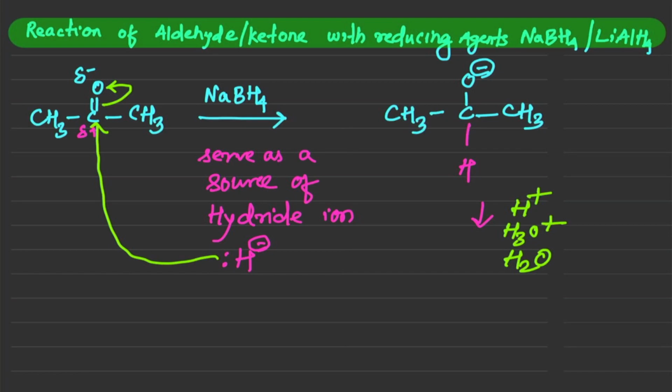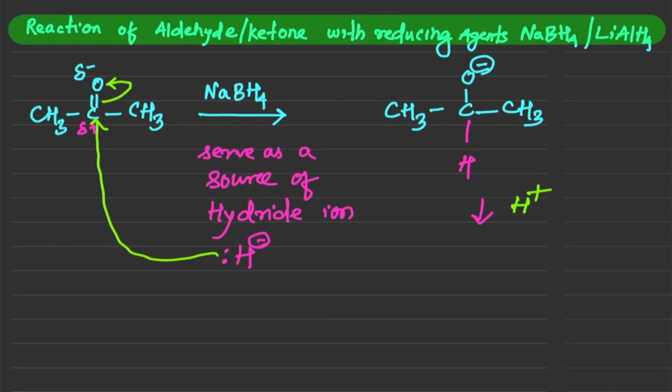All it is doing is adding an extra proton from anywhere you like. So I will just keep it simple, H plus or H3O plus. So our product for this reaction would be CH3CHOHCH3, and there is already a hydrogen right here.